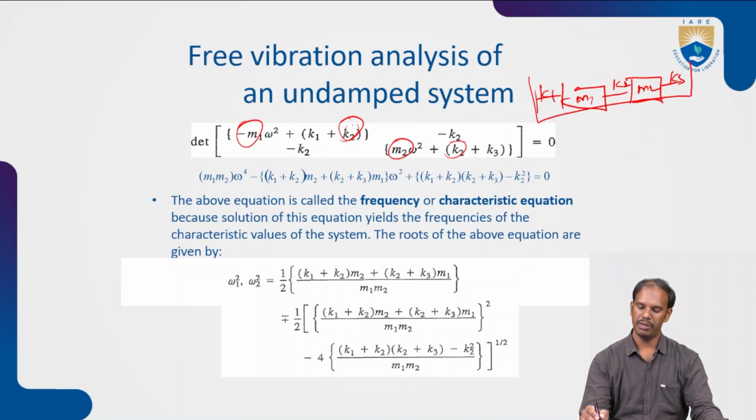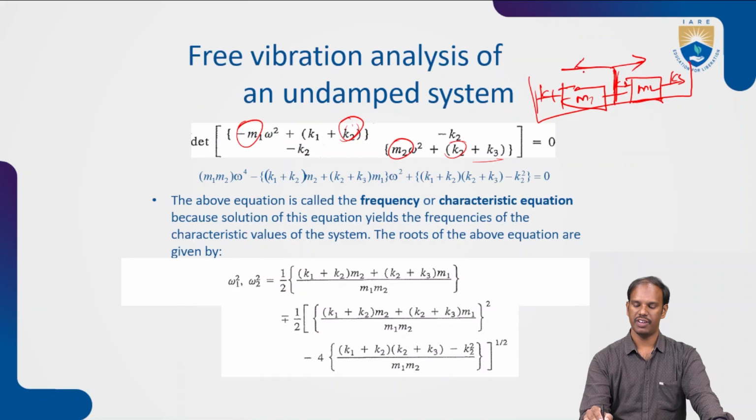K1 is in the first row of the matrix and k2 is in the second row. The first will become k1 plus k2, and the second will become k2 plus k3. So k2 is divided into a first part and a second part. You need to understand this while forming the matrix.